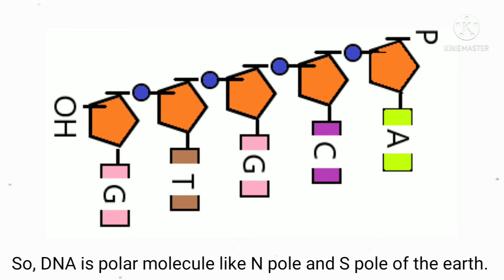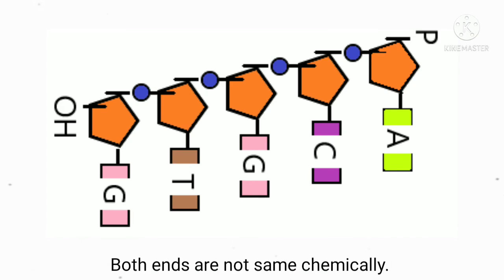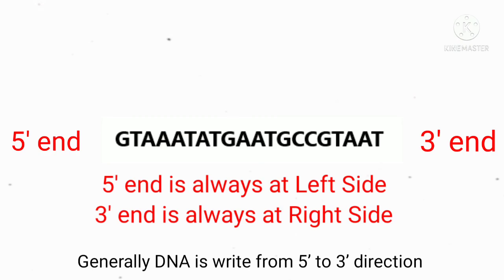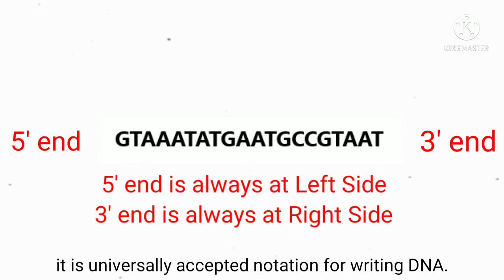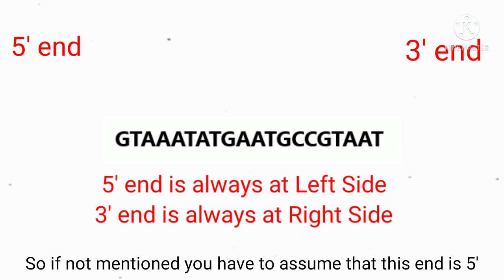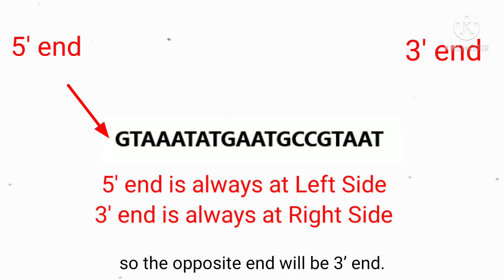So DNA is a polar molecule, like the North Pole and South Pole of the Earth. Both ends are not the same chemically. Generally, DNA is written from 5' to 3' direction, and it is a universally accepted notation for writing DNA structure. So if not mentioned, you have to assume that this end is 5'. So the opposite end will be the 3' end.